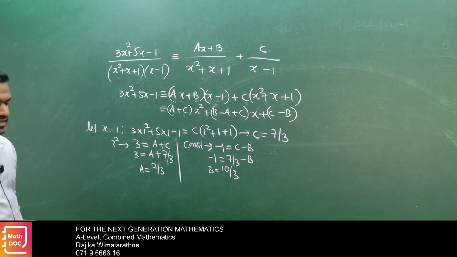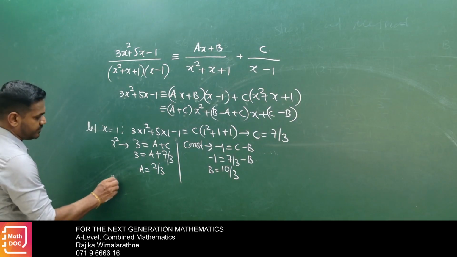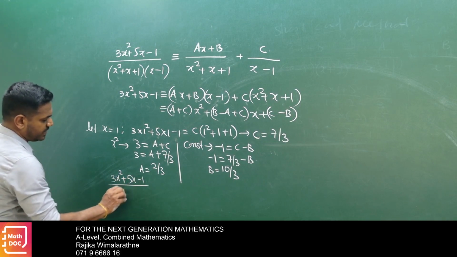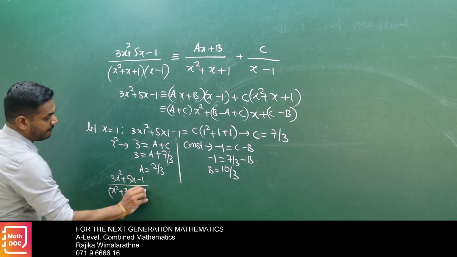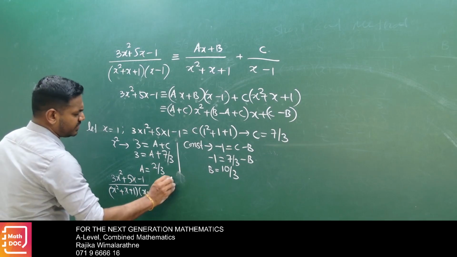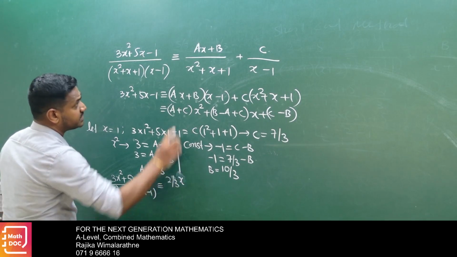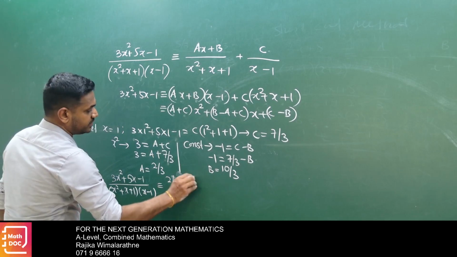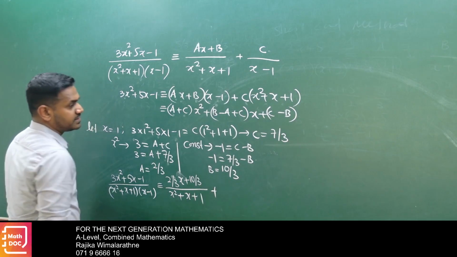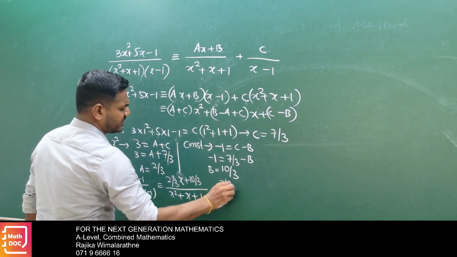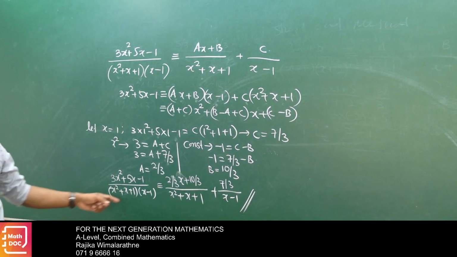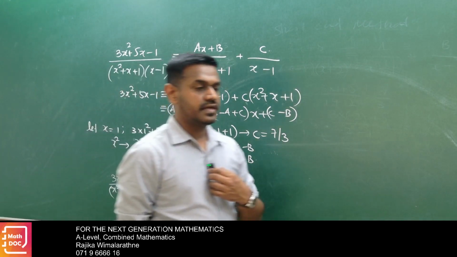Final step, you write the partial fraction: (3x squared plus 5x minus 1) over (x squared plus x plus 1)(x minus 1) equals (two-thirds x plus b value 10 thirds) over (x squared plus x plus 1) plus c value 7 over 3 over (x minus 1). Complete it.